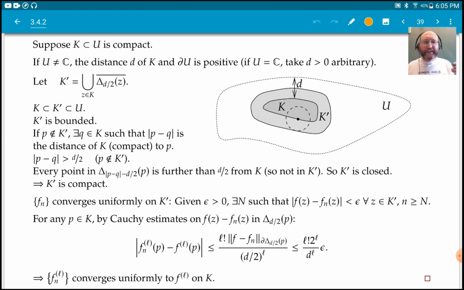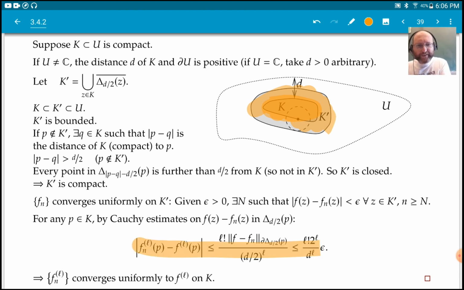right? So now the key point here is that we fattened things up, and we used the uniform convergence in the fatter compact set to get uniform convergence in the smaller compact set. That's actually something that comes up quite often, this sort of idea, and it's really because of the Cauchy formula, right?